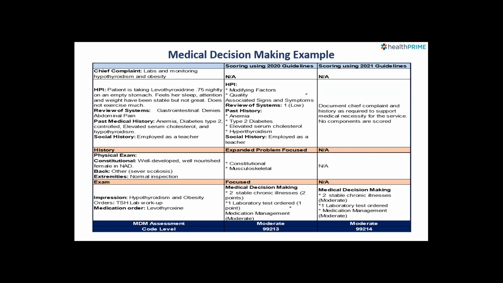So for example, if you're seeing a patient who is coming in for labs and monitoring of the hypothyroidism and obesity, and you do an expanded problem focused history on the patient, and a problem pertinent physical examination for the patient.